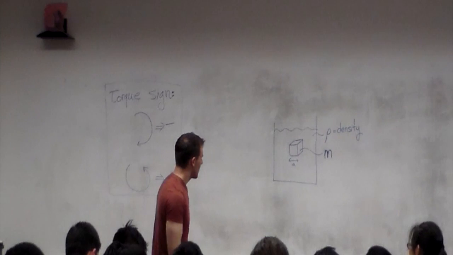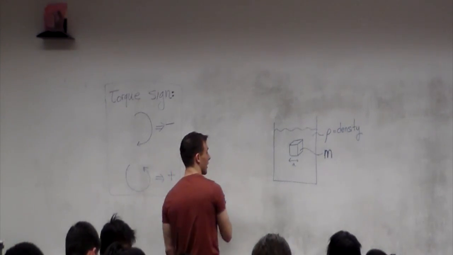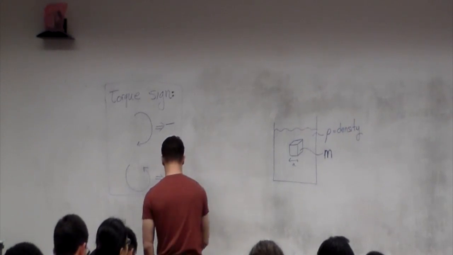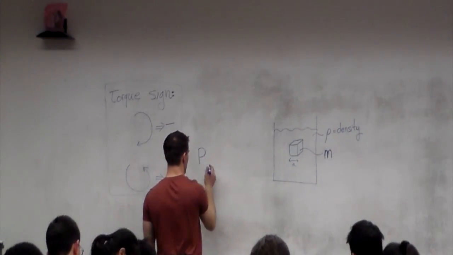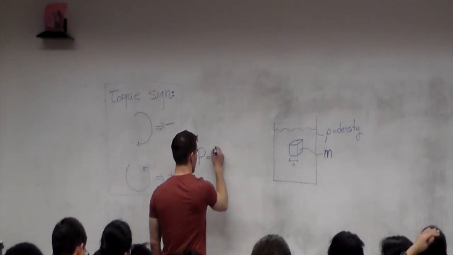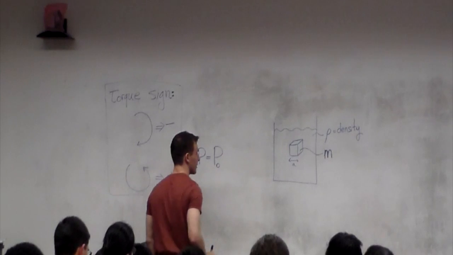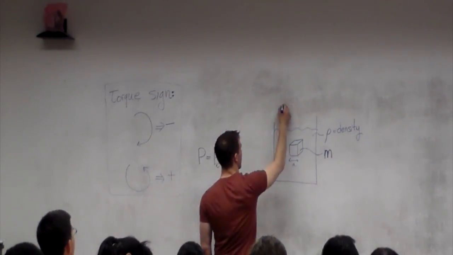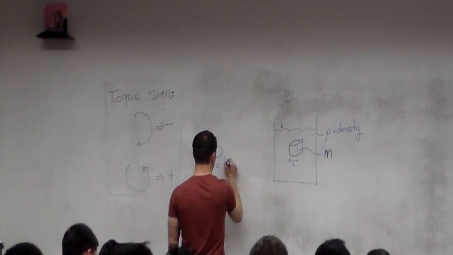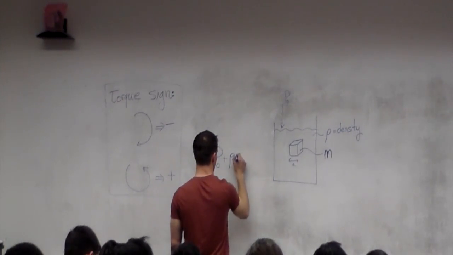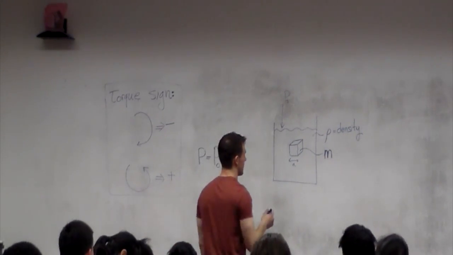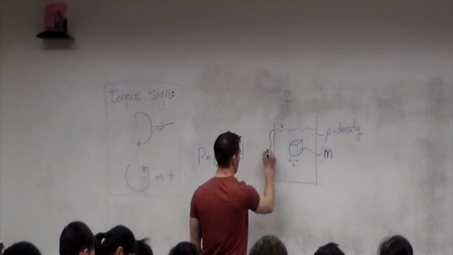If that's the case, then you may be familiar with the equation that the pressure at a particular depth is equal to the external pressure, which is like atmospheric pressure, plus rho times g times the depth, d, where the depth is this distance below.